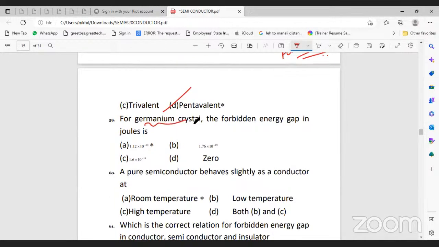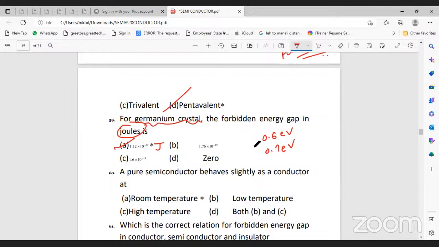For germanium crystal, the forbidden energy gap is about 1.12 into 10 power minus 19 joule, because they're expecting it in joule. You know that for germanium crystal, it is approximately close to 0.6 electron volt or 0.7 electron volt.